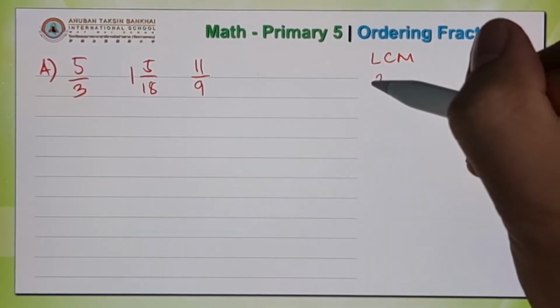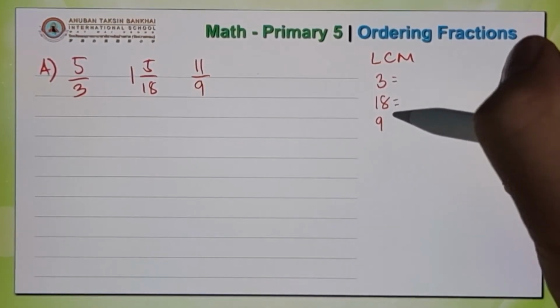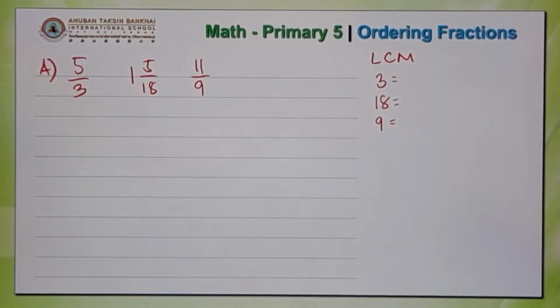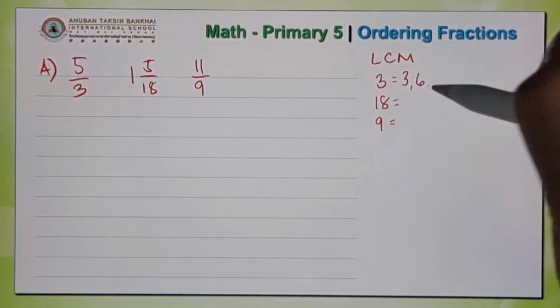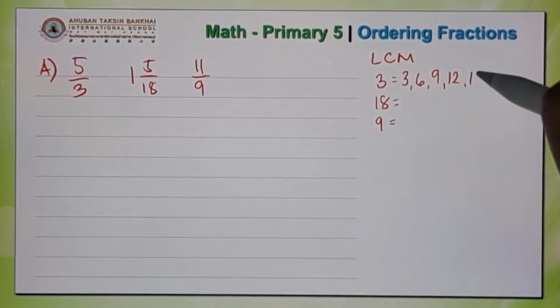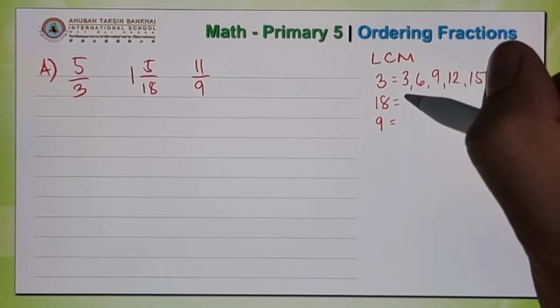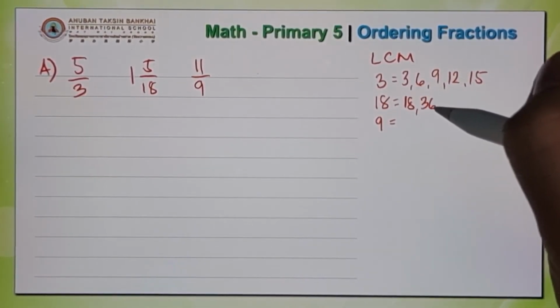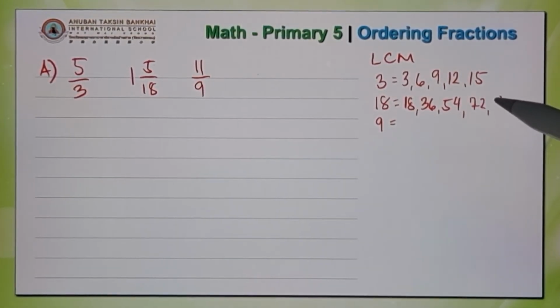So we have 3, 18, and 9. Let's write first the first 5 multiples. Let's see if we have a common multiple. So we have 3, 6, 9, 12, and 15. Okay, how about 18? We have 18, 36, 54, 72, and 90.